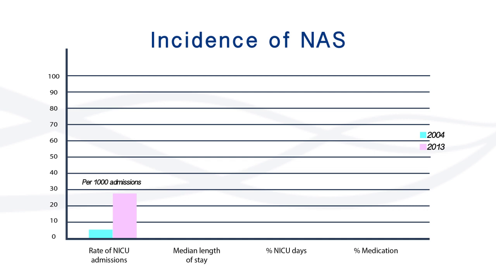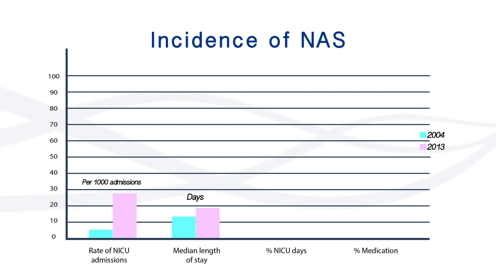The most recent studies have looked at neonatal ICU admissions. And per 1,000 admissions, you can compare data from 2004 to current data, 2013. And you can see that the rate of NICU admissions per 1,000 admissions has increased significantly, so that the most current data we have show that almost 30 admissions per every 1,000 are due to NAS.